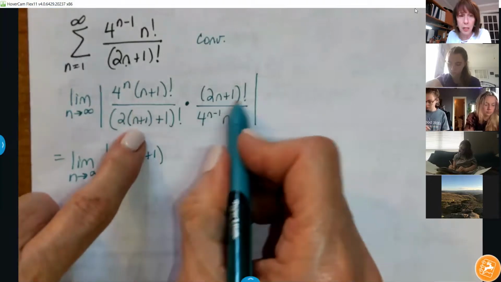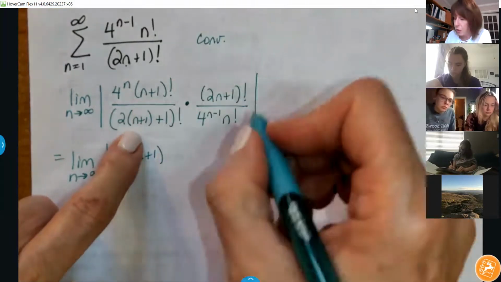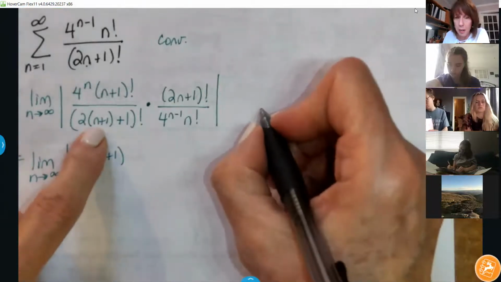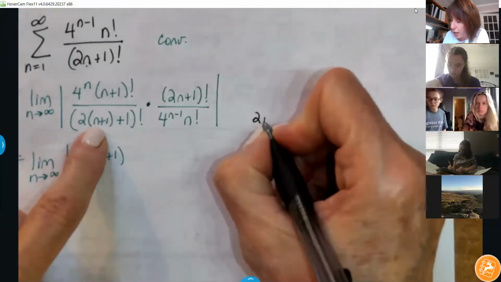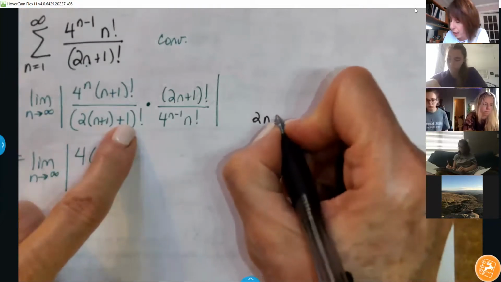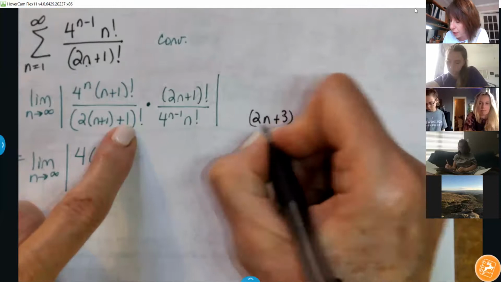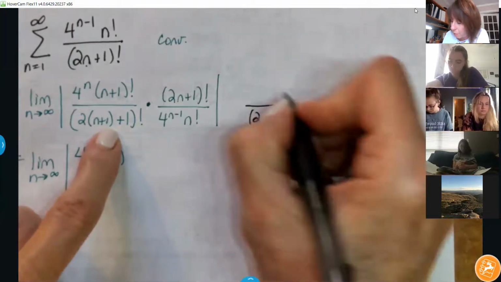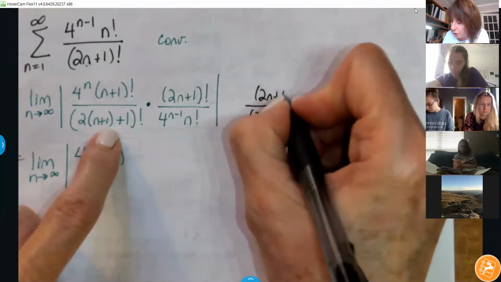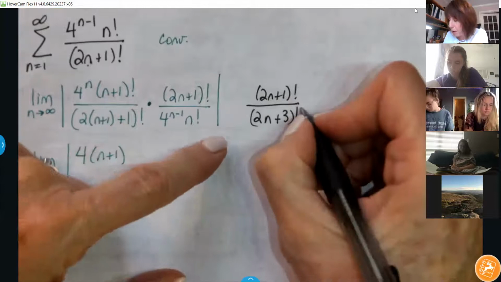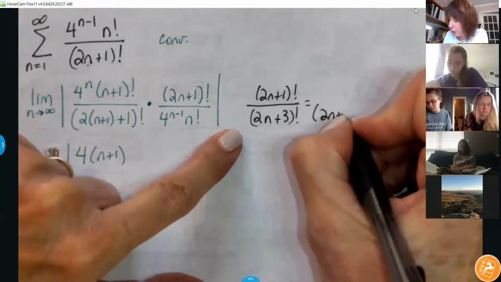And then this thing, so I'm going to come off to the side and do that. So on the bottom here, I'm going to have 2n plus 2 plus that 1. So that's 2n plus 3 factorial. And I'm reducing that with 2n plus 1 factorial. So the bigger one is on the bottom. So that'll be 2n plus 3.